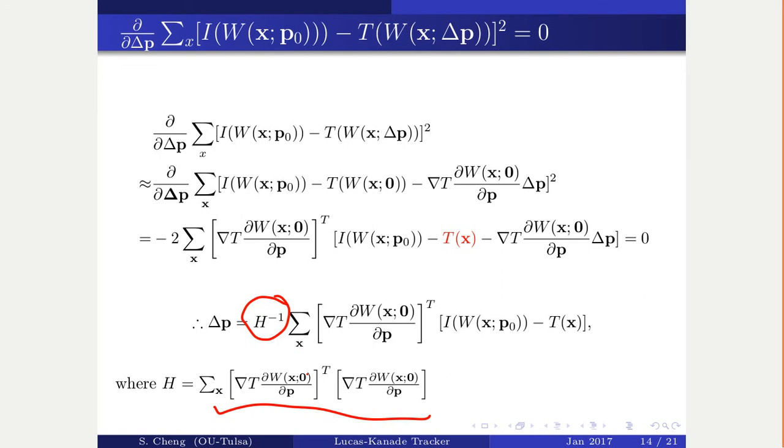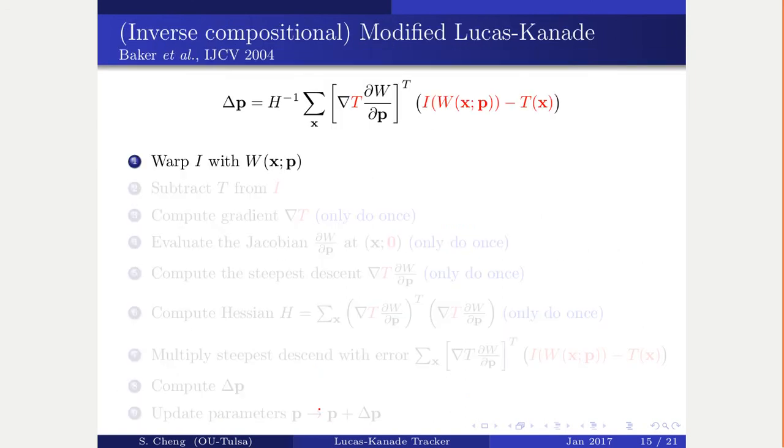But note that this time it's computed at 0 instead of at p0. And p0 in the previous case will change for each iteration, but in this case it doesn't change. Therefore we only need to compute this Hessian once. So now we really have this equation.